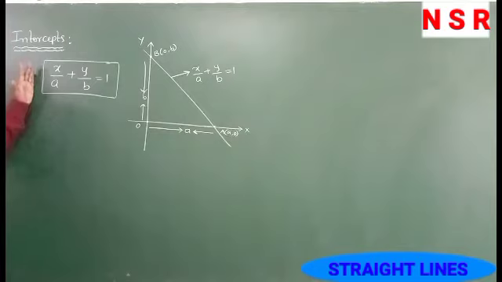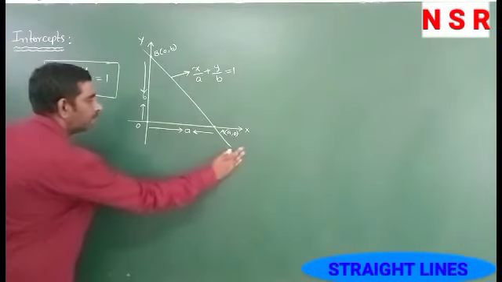In this, small a is called the x intercept and small b is called the y intercept. So this is one of the forms of a straight line. The standard form of a straight line is ax plus by plus c equal to 0, and this one is the intercept form. After the intercept form, we have different types of straight lines.